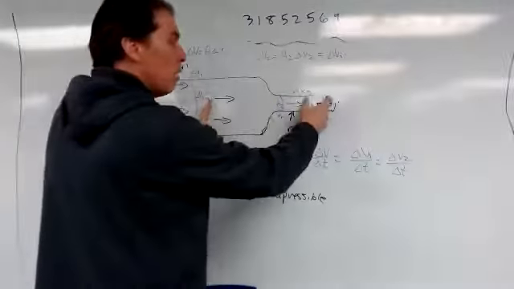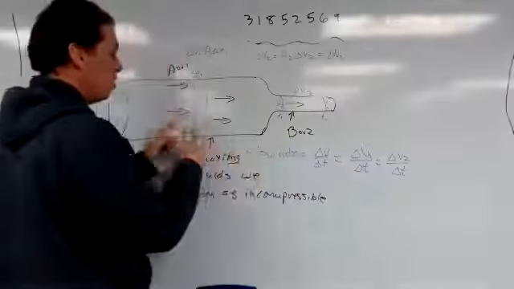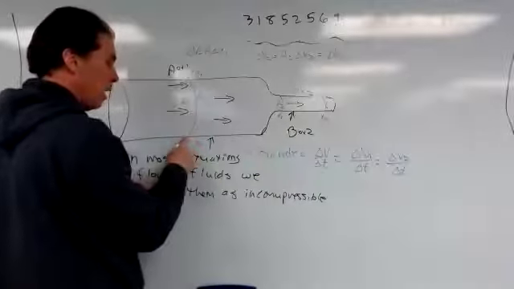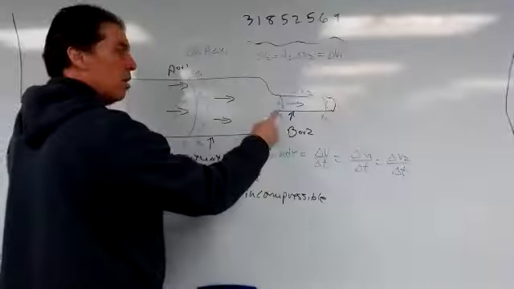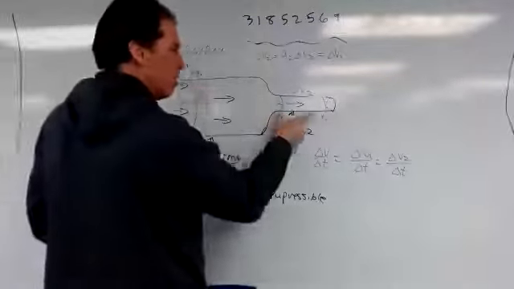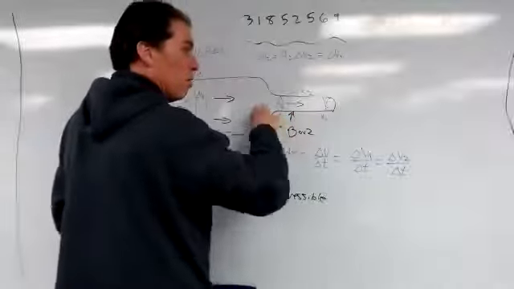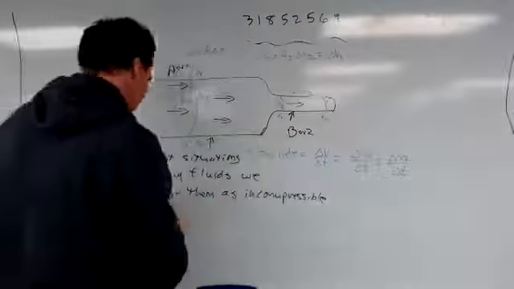And that means if I have a narrowing region, the stuff has to move faster, because if I move an amount delta v in a time delta t, I have to move the same volume in the same amount of time. So the speed has to be faster in this region so the flow rate can be constant.